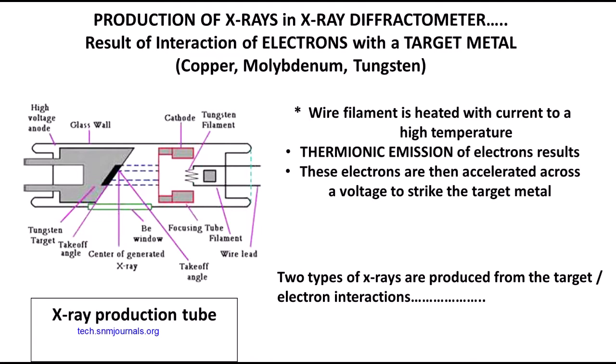The target material is a metal, typically copper, but other metals such as molybdenum, tungsten, iron, cobalt, and chrome can be used as target materials to generate X-rays of a very specific wavelength. The choice of the metal target composition determines the wavelength of the X-rays being produced.